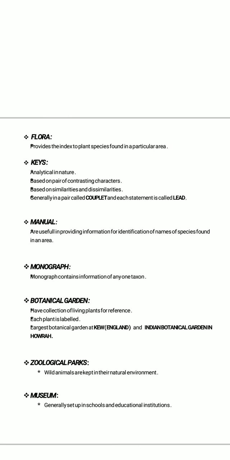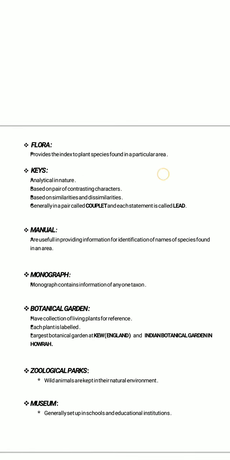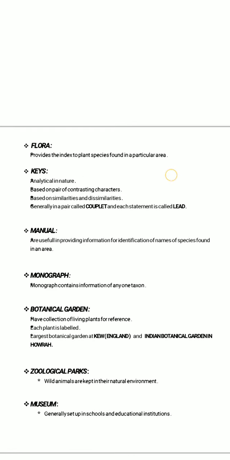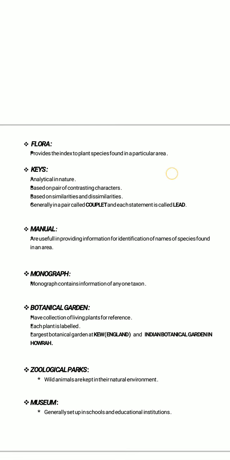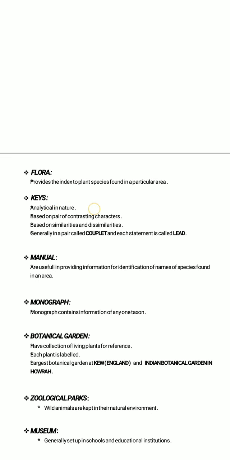Then next one, what is meant by flora? Flora provides the index to plant species found in a particular area. If you go to a particular area, what are all the plants present here? If you write a book, you will give the flora, which includes all the plants present in a particular boundary of a region. Then keys are analytical in nature.